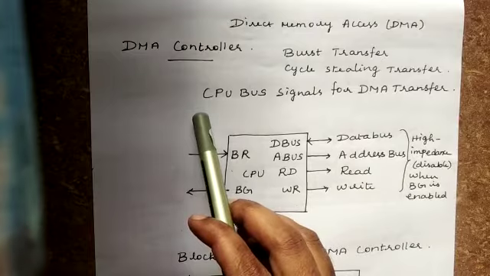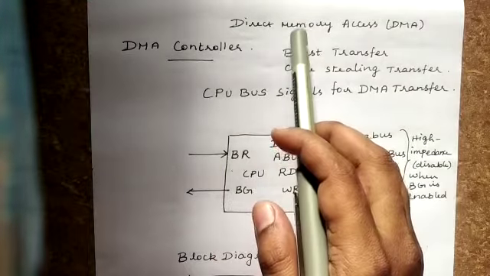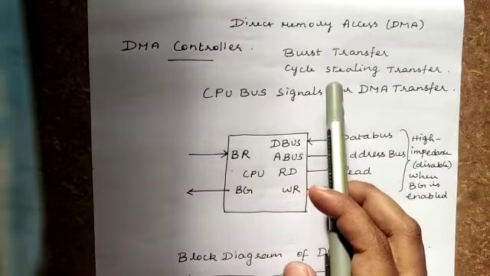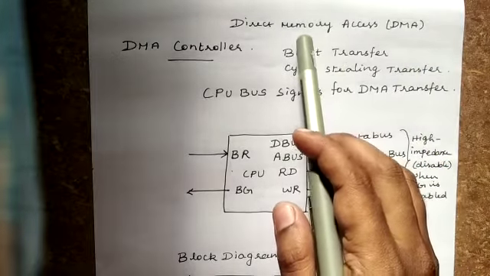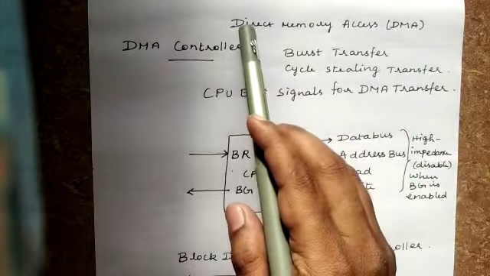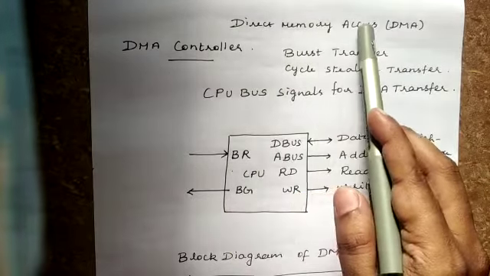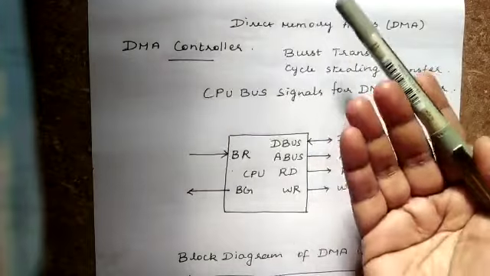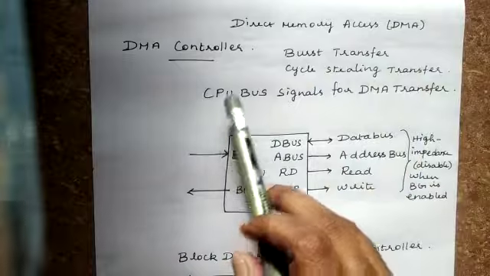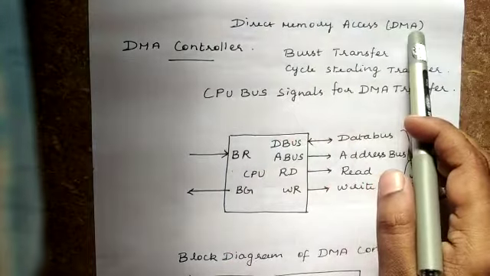Without the intervention of the CPU, the transfer operation between the memory and the peripheral devices is possible only with the help of direct memory access. As the name suggests, it is accessing the memory directly without the help of the CPU. That is what DMA is.